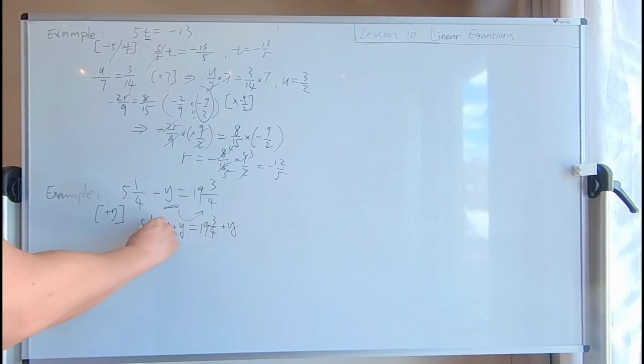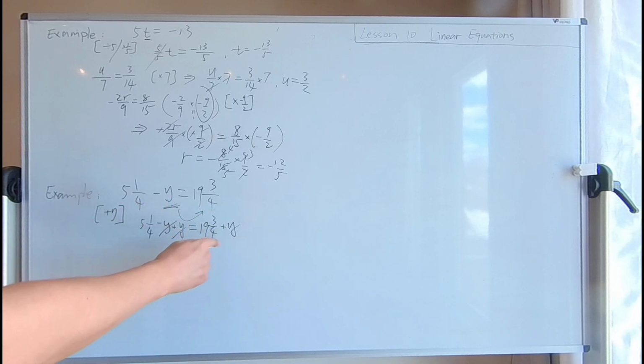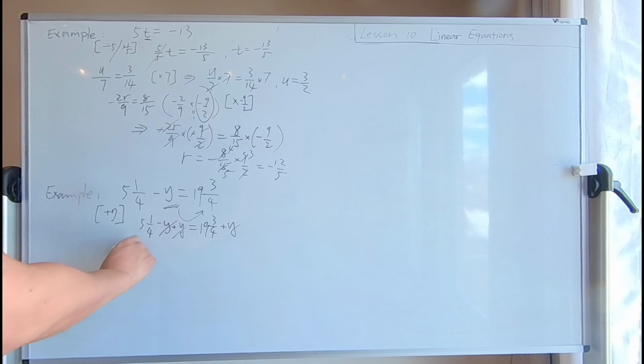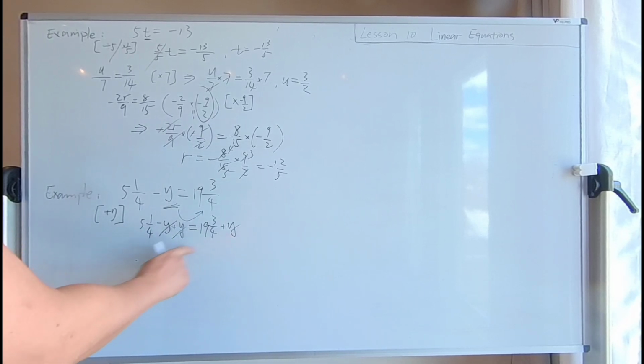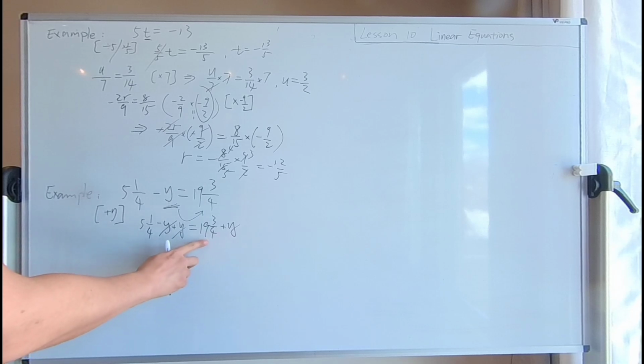So then here minus 1y and y cancel out each other, which is equivalent to moving this y to the right-hand side with the sign changing from minus to plus. So then y, and then in order to isolate y, I also want to move this term to the other side.